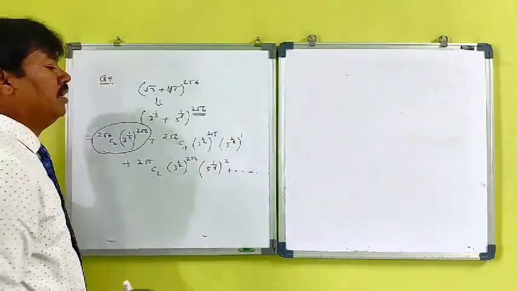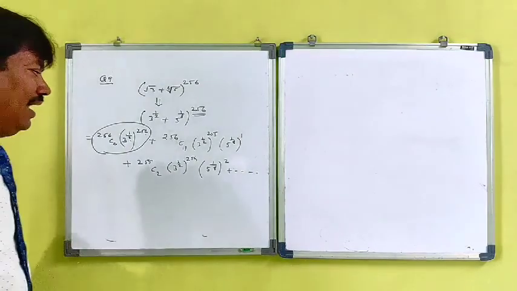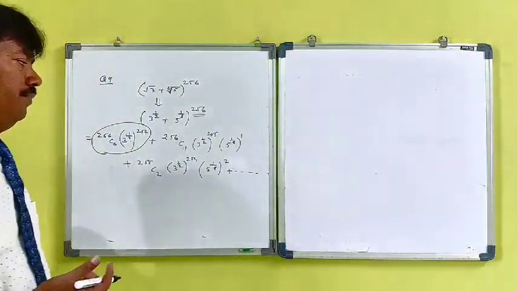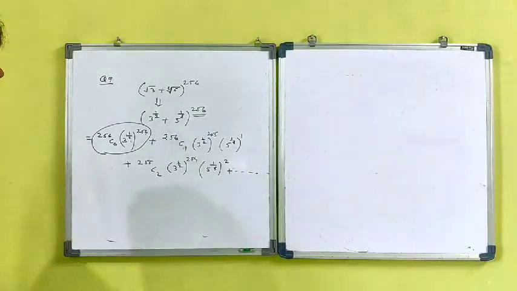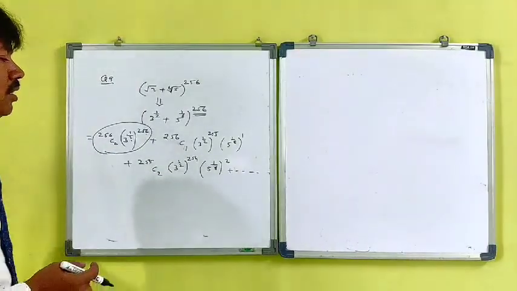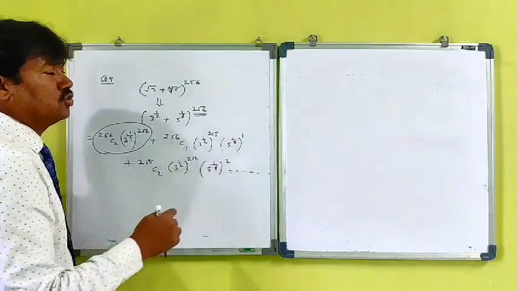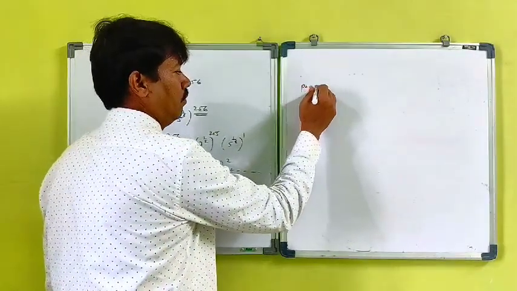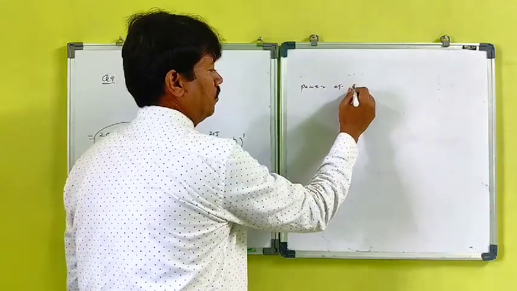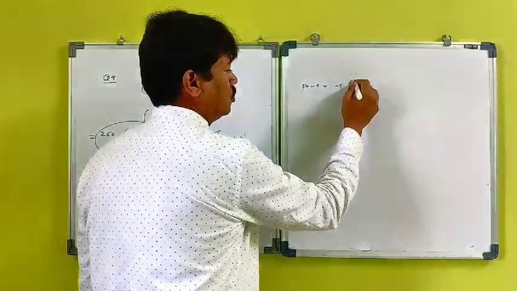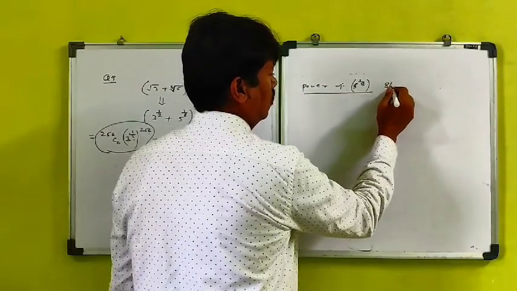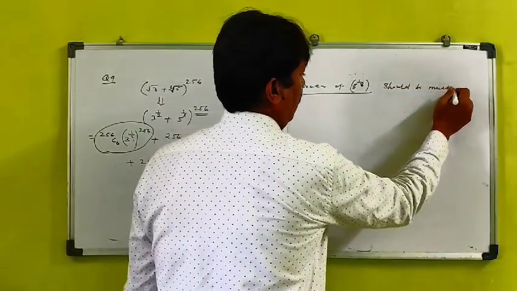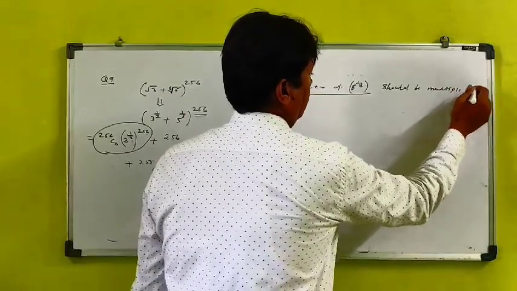Power of this term is divisible by 8. Then and only then that particular term will be an integral term. So for that to happen, the power of 5 raised to 1 upon 8 should be a multiple of 8.